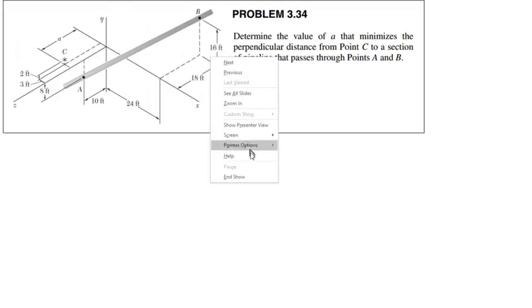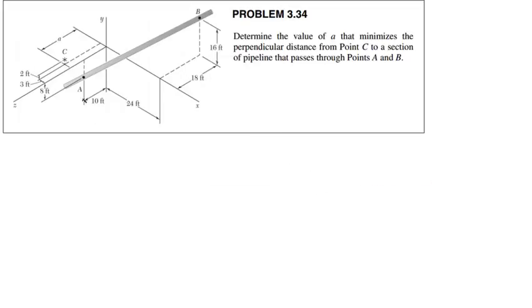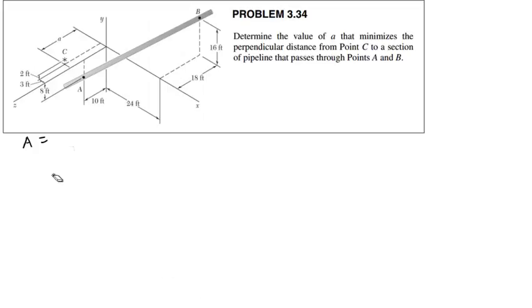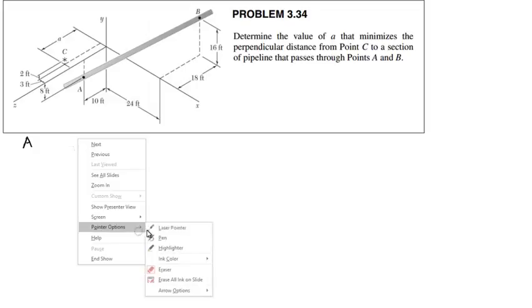I think the best way to start would be by just writing some coordinates out. Minimizes the perpendicular distance. Interesting. The coordinates of A, let me not use an equal sign. I'm just going to write some coordinates first.